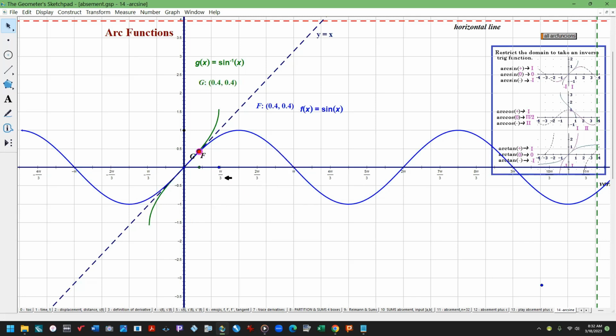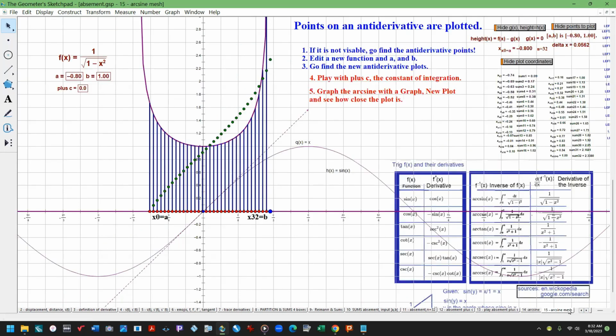But you can see that the arc sine is the inverse of the sine as it's reflected over y equals x. So why in the world put it in this sketchpad? This is the reason.